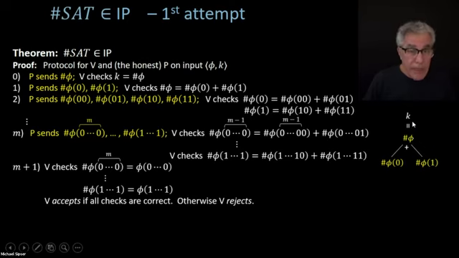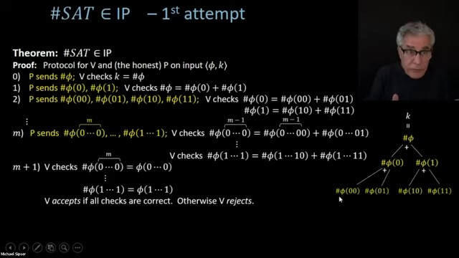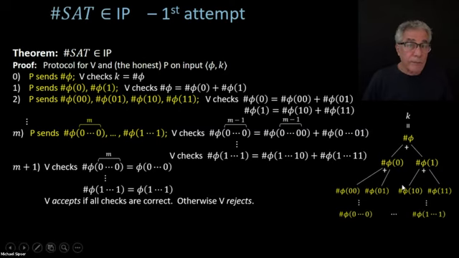So it checks that it equals K. And then the prover sends the next level. The verifier checks that the addition works out. Then the prover unpacks it further, assigns values to the first 2 variables, and the verifier checks that the assignments are consistent with that, and so on, until it's assigned all m variables, and then it checks directly with the formula.